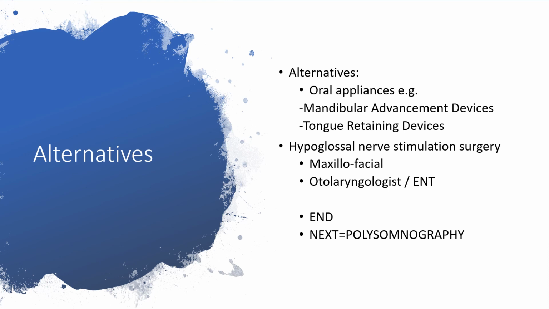The alternatives here are oral appliances like mandibular advancement devices and tongue retaining devices. So they can try that out. Actually, some prefer that to continuous positive airway pressure or BPAP. Hypoglossal nerve stimulation, and surgery like maxillofacial surgery, by otolaryngologists or ENT surgeons, depending on the nomenclature you call them in your own parts of the world.